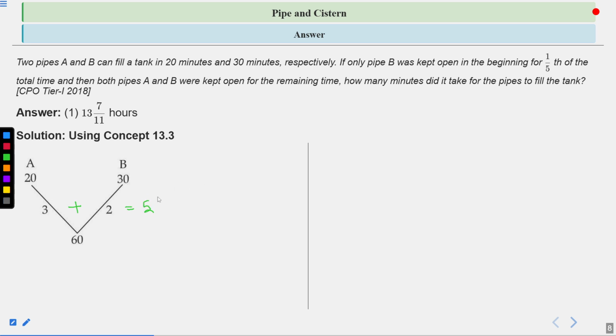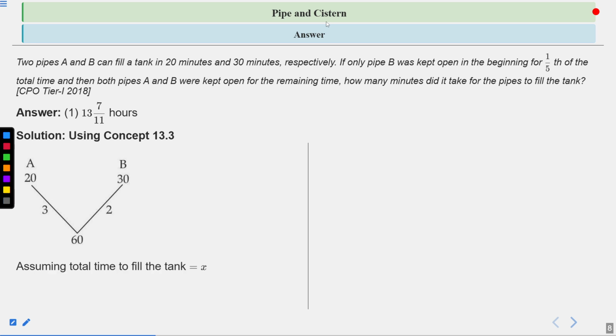So the question says that only pipe B is open at the beginning for 1/5 of the total time, so we can also calculate 1/5 of the 12 hours. Then we can calculate the time taken by A and B together.